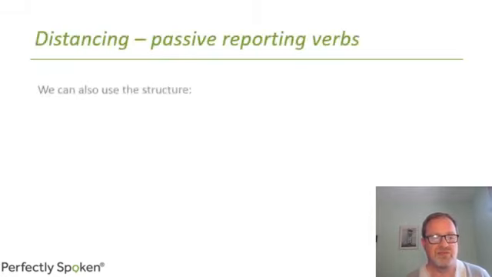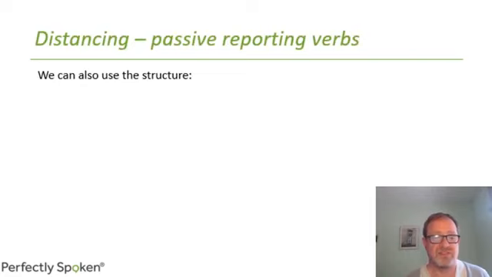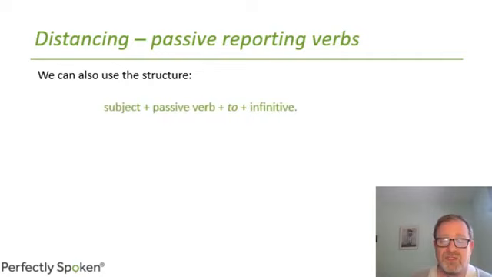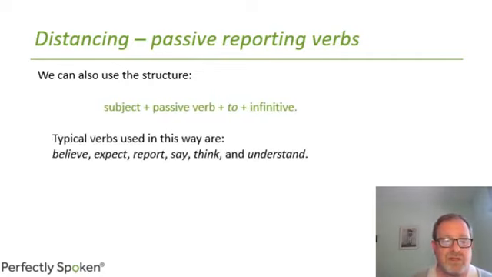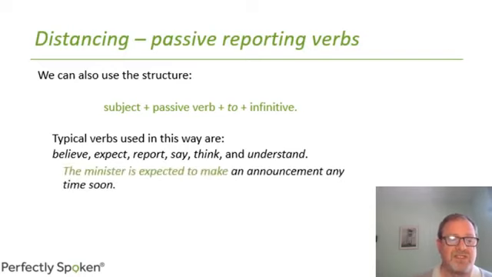We can also use other structures for distancing: subject plus passive verb plus to plus infinitive. These are typically used with the verbs believe, expect, report, say, think, and understand. Some examples: the minister is expected to make an announcement any time soon.